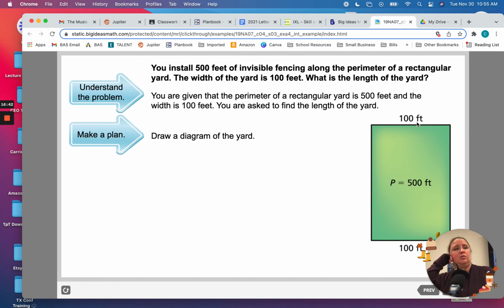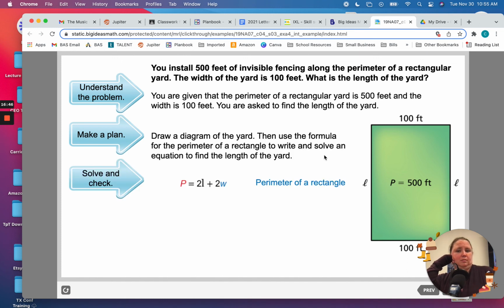So it's like saying 2w plus 2l. We have p, so we plug that in. 500 goes there. We don't know l, we're looking for length, so you put 2l plus, we do know the width, 2 of the 100s.